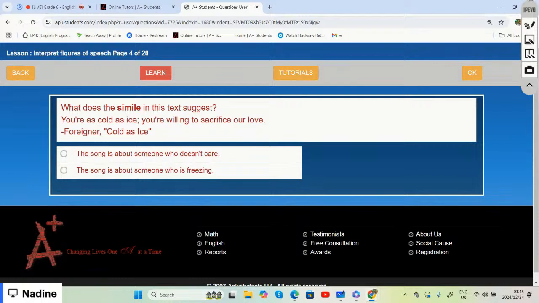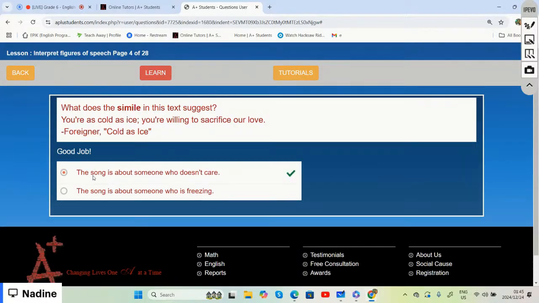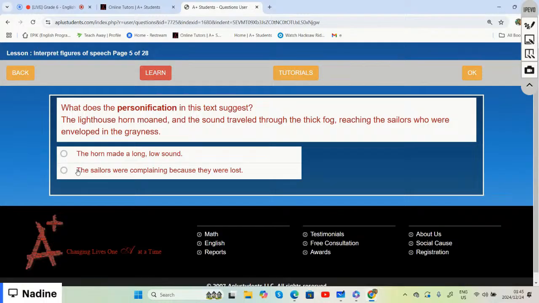If we were to compare the one thing to the other thing, then we can say the song is about someone who doesn't care. Because if you're saying someone is as cold as ice, then it means that person doesn't care. Right?